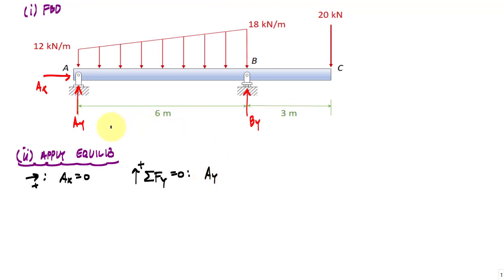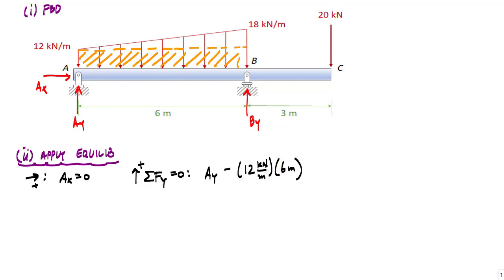Now this trapezoidal load, I'm going to break up into 2 parts, the rectangular part and the triangular part, like this. The force of the rectangular part, which is in orange, is the area of that rectangular piece, which is 12 kilonewtons per meter times 6 meters. And this triangular part is here. The force from there is the area of that blue triangle.